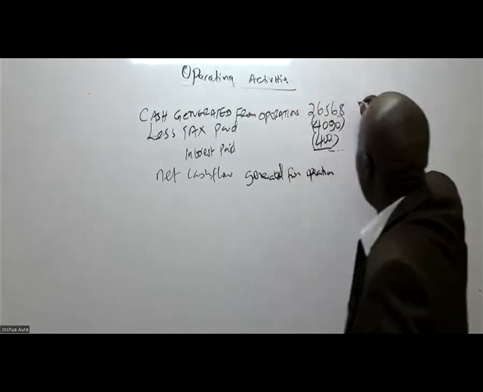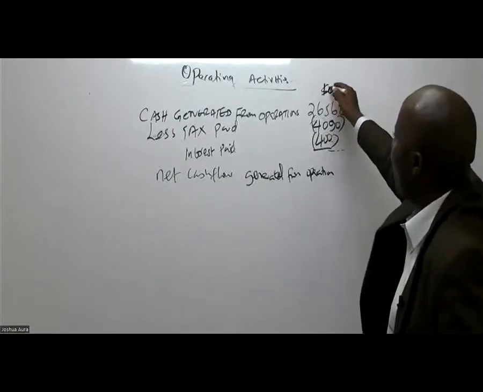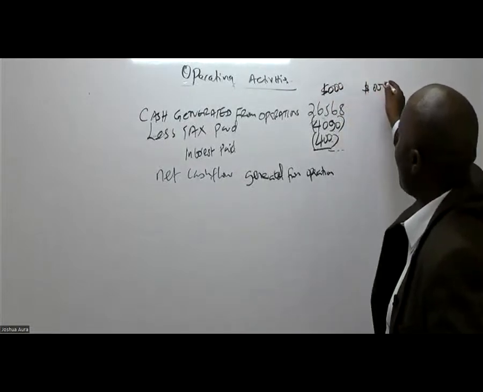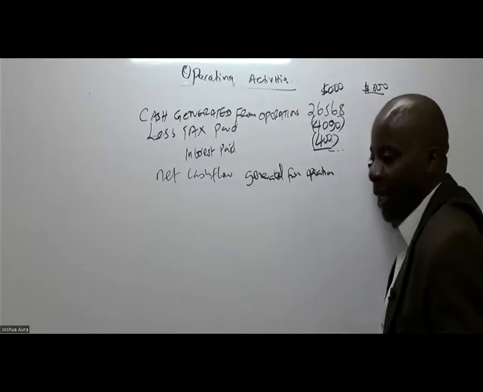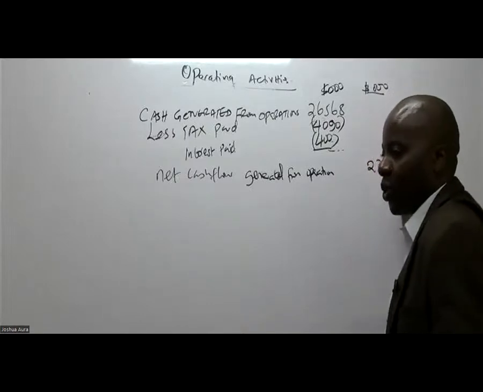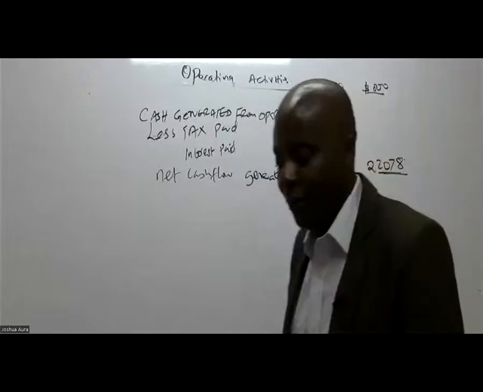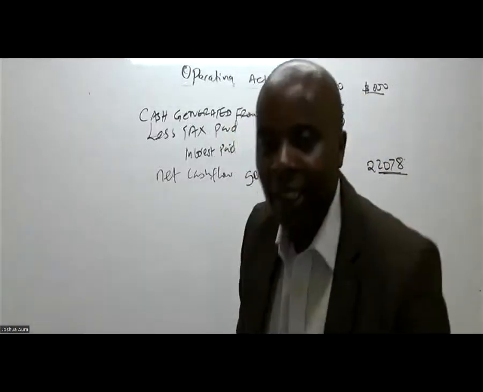So of course, I'll indent it a little bit and write it somewhere here. These are dollars thousands. So what figure are we getting? Somebody is telling me 22,078. Thank you so much. So that is the end of my operating activities.